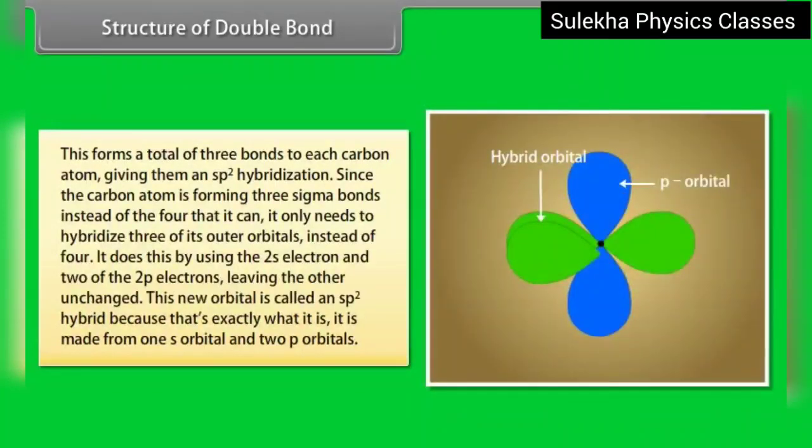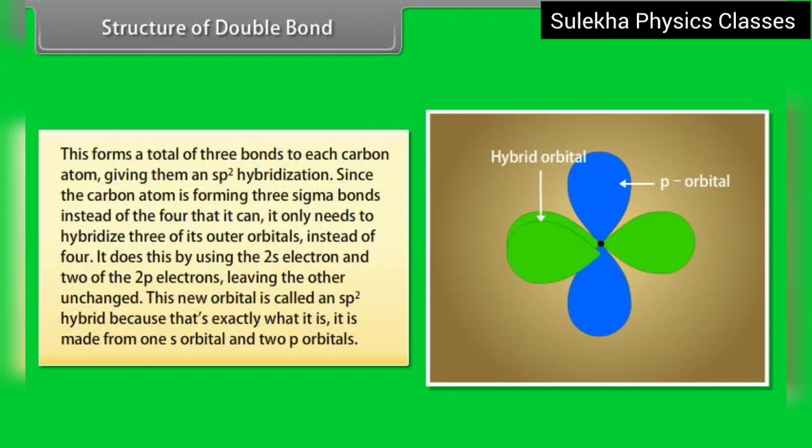This forms a total of 3 bonds to each carbon atom, giving them an sp2 hybridization. Since the carbon atom is forming 3 sigma bonds instead of the 4 that it can, it only needs to hybridize 3 of its outer orbitals instead of 4. It does this by using the 2s electron and 2 of the 2p electrons, leaving the other unchanged.